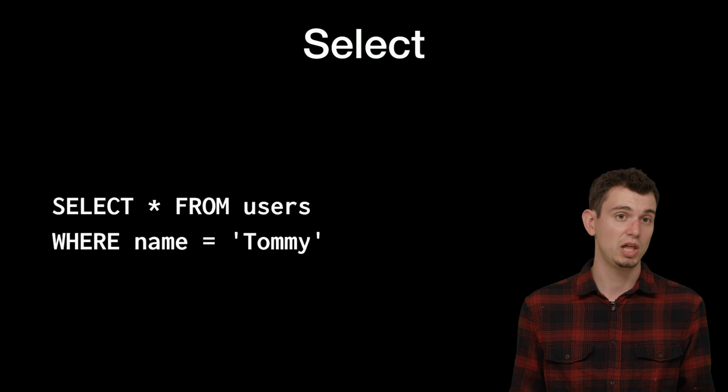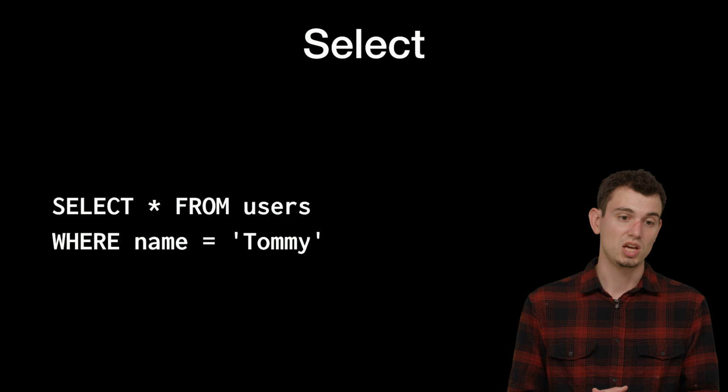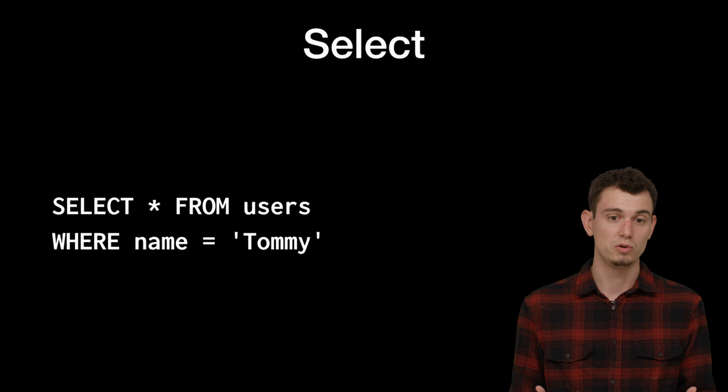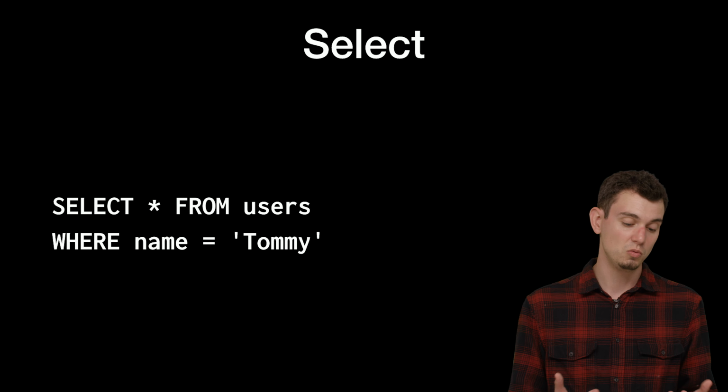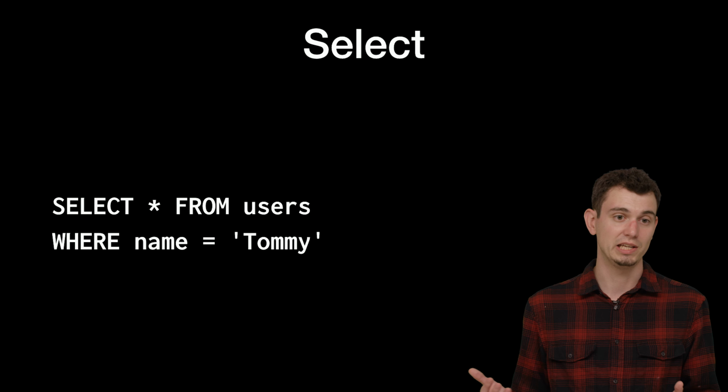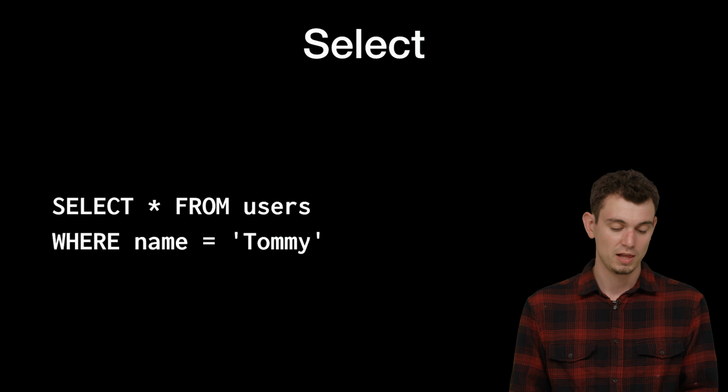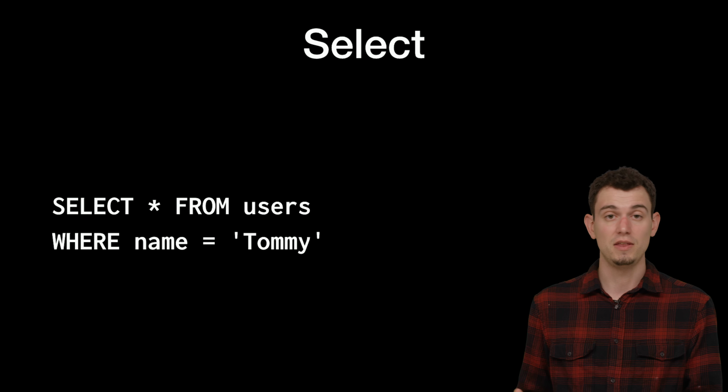After we've inserted rows, we might want to read them back from the database. To do that, we're going to use a select query. So we can say select star, which means select all of the columns from the table. If we wanted to, we also could have given a comma-separated list of columns we wanted to read. Then we'll say from and the name of the table.